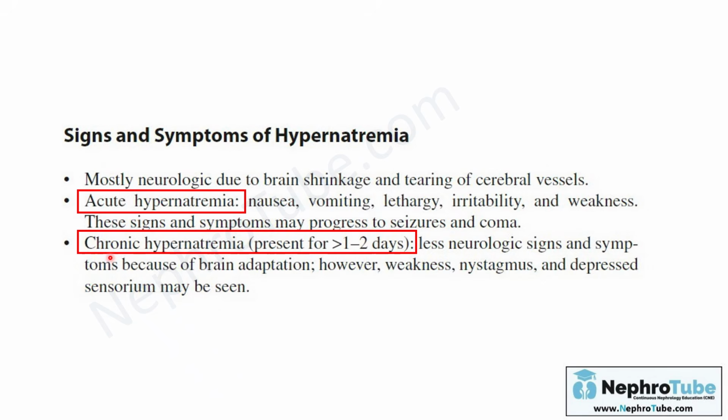When hypernatremia develops slowly, the brain can adapt to the loss of water, and by several mechanisms the brain can retake water again, which prevents brain cells from shrinking. However, some neurological symptoms can also be seen with chronic hypernatremia, but the possibility of having symptoms is less due to the gradual development of elevated sodium.